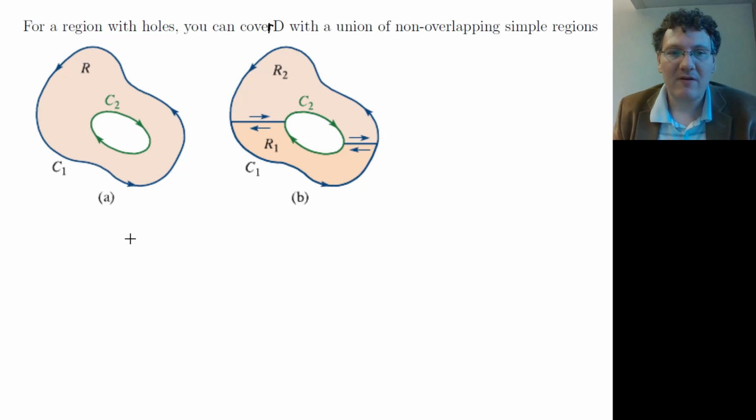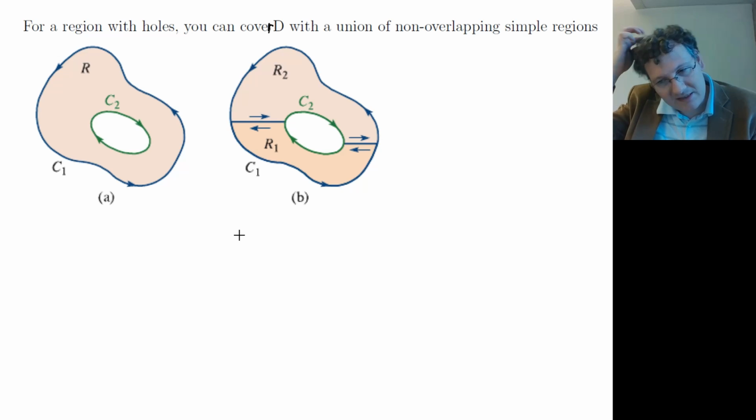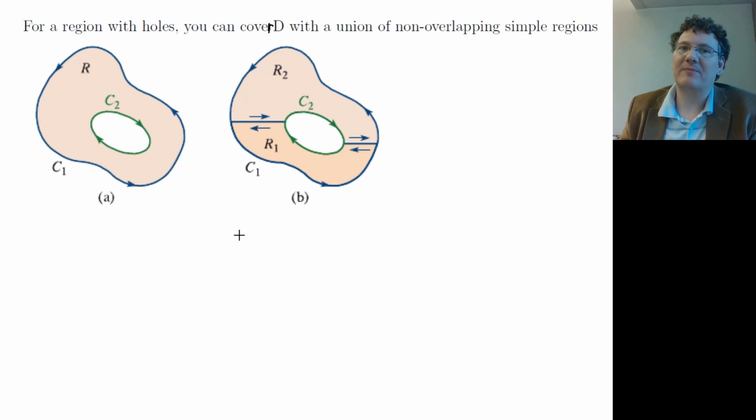So if you have a region that is not simply connected, like if there's a hole, what you can do is cover the entire region, call it R, by partitioning it into non-overlapping simple regions.